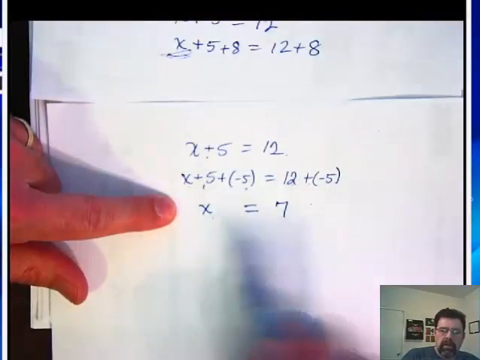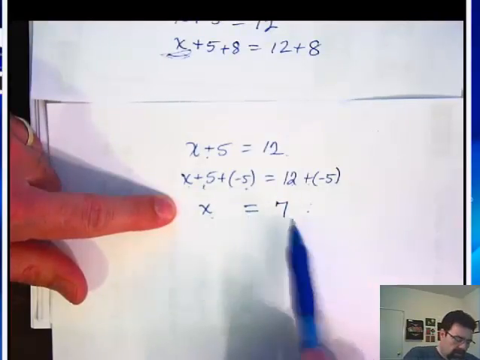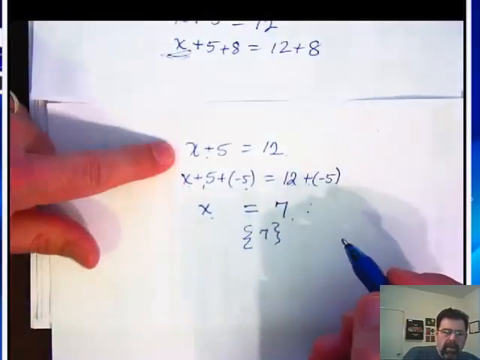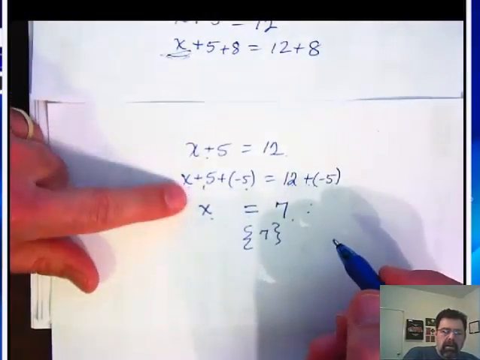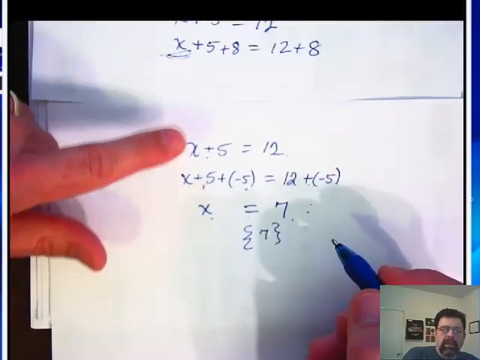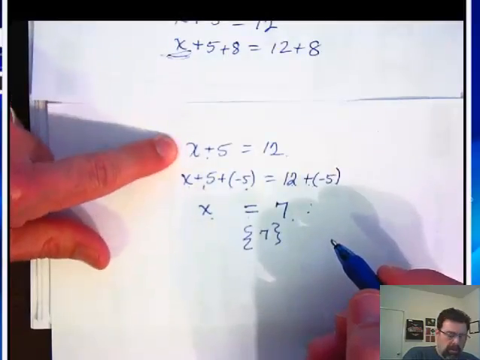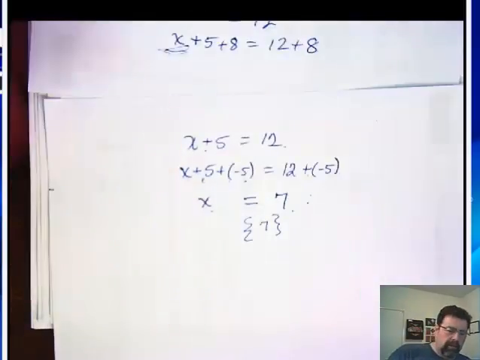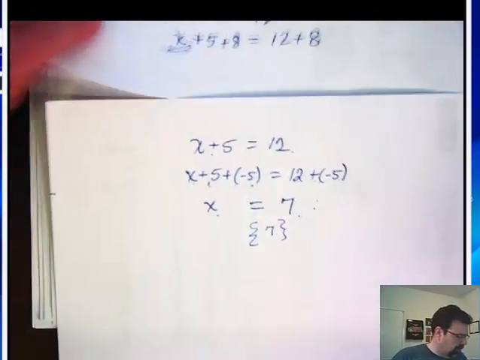What's the solution to this? Well, for this to be true, x would have to be equal to 7. So the solution set's 7. And we can follow the logic all the way back up. So if these are all equivalent equations, then the solution set for the original equation has to also be 7. So that's the idea when you're solving equations.